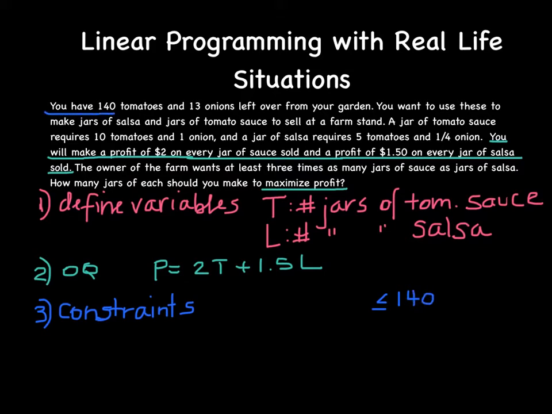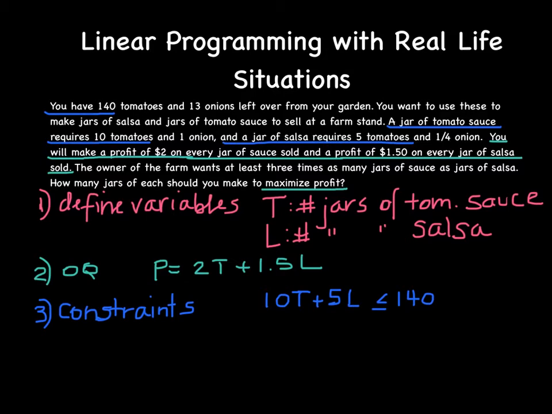And if I look into the word problem, I see a jar of tomato sauce requires 10 tomatoes. So I need 10 tomatoes. And a jar of salsa requires 5 tomatoes. So that's going to have to be less than or equal to 140. All right.